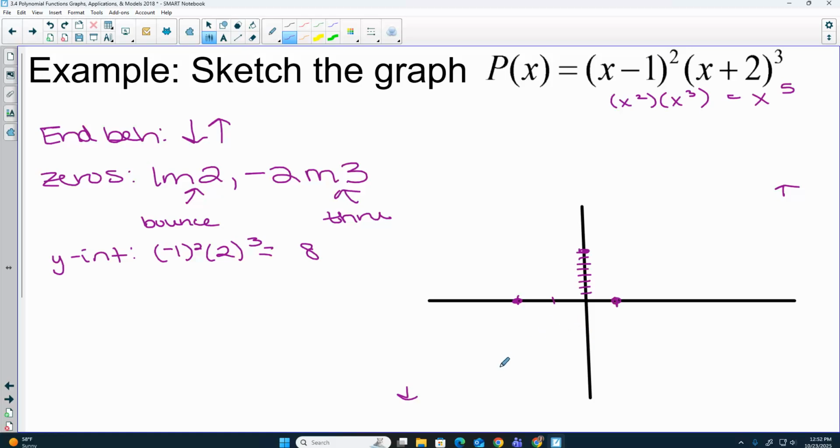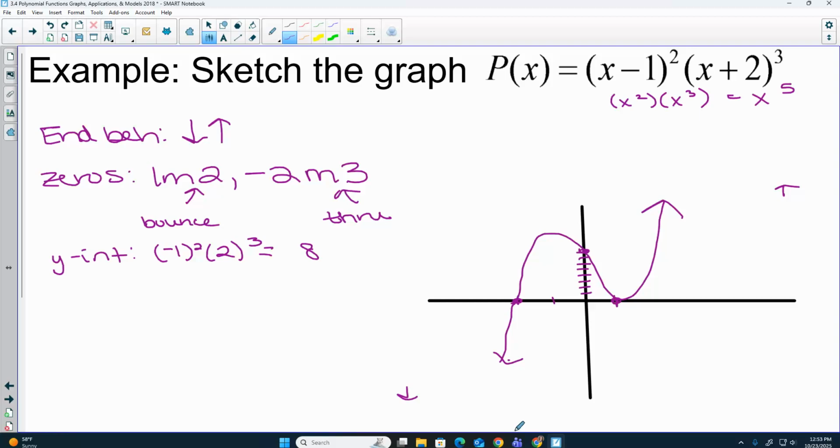Alright, so my graph starts down here. Goes up to negative 2, and at negative 2 we said it should go through. So we go through that one. Hit your y-intercept, come down, hit your x-axis at 1, but at 1 we said it will bounce. So it's just going to touch it and come back up.